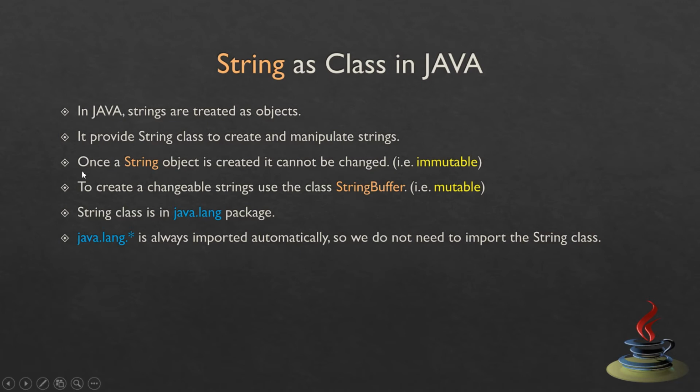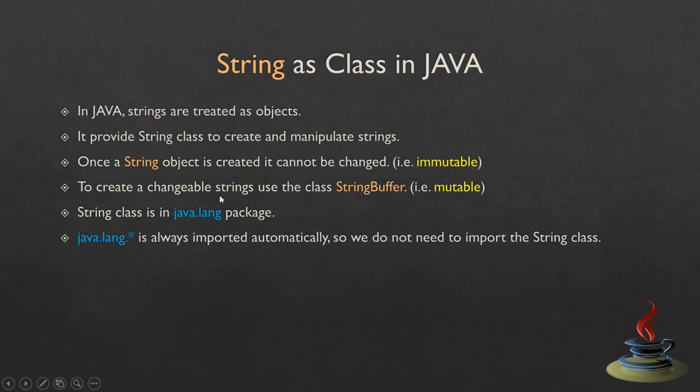Then once a string object is created, it cannot be changed. That means the string is immutable. If you create a string object with the String class, then the object is immutable. That means it cannot be changed.